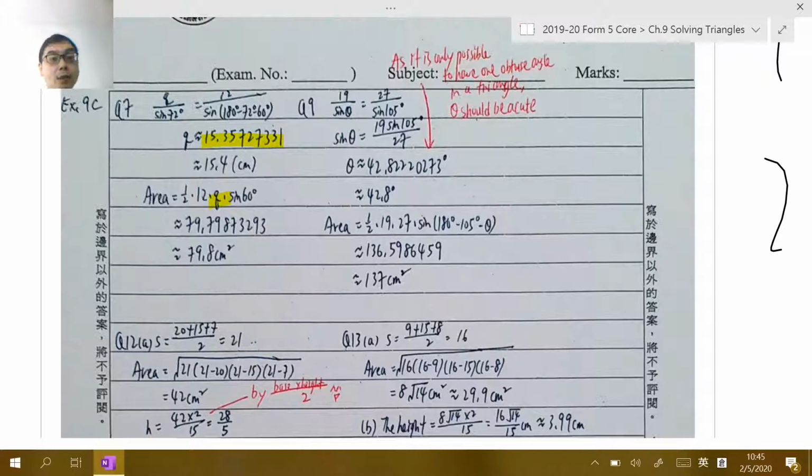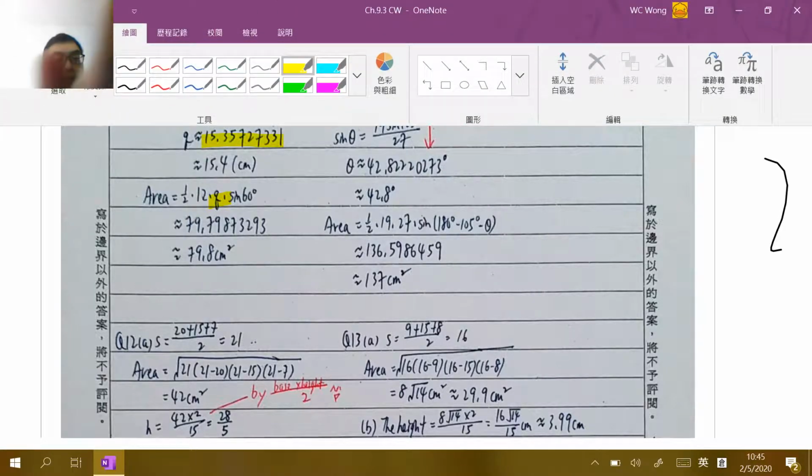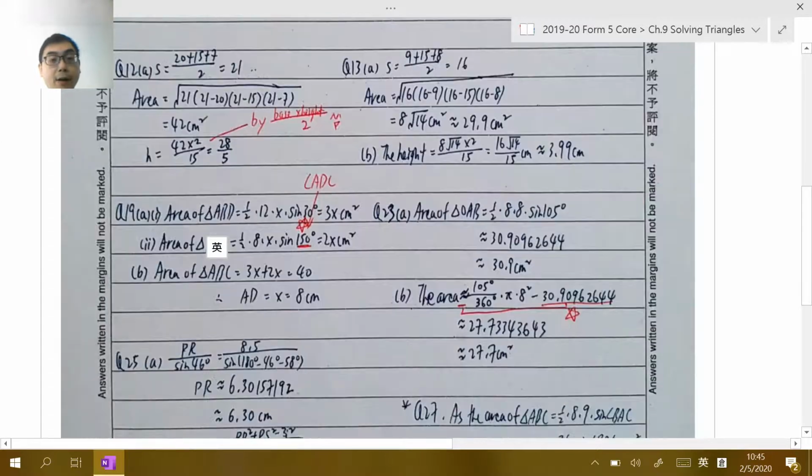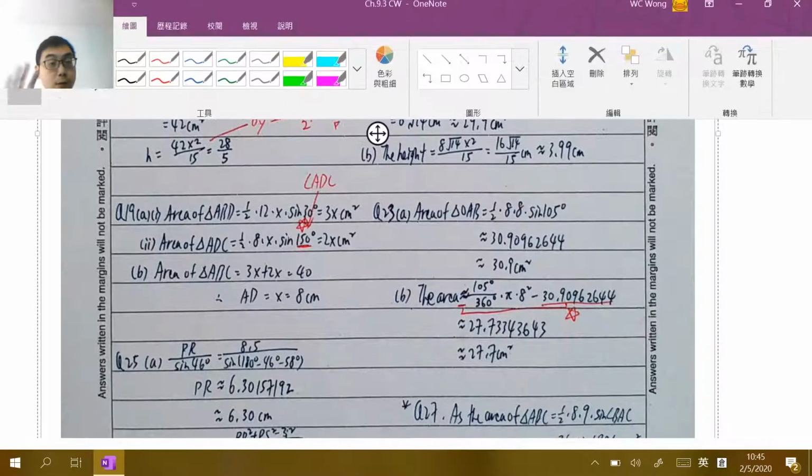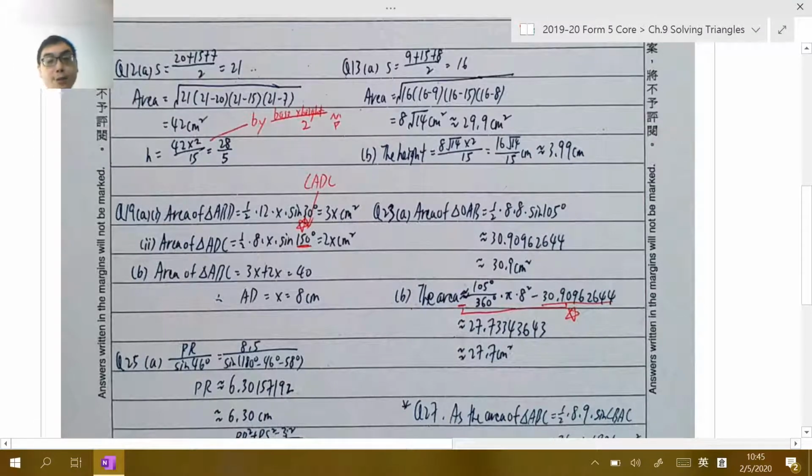Also, sometimes you can see the values will be exact. For example, for question 12, when you want to find the semi-perimeter as well as the area of the triangle, 21 and 42 are exact values, so you just keep them. But how do you distinguish them? For approximated values I use the approximately equal sign, and for exact values I use the equal sign.